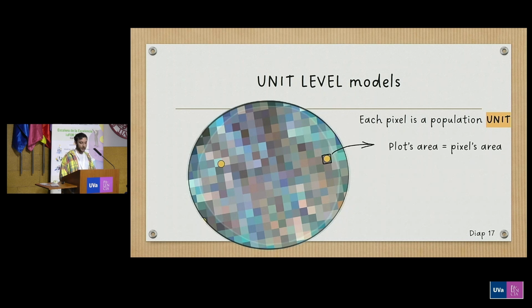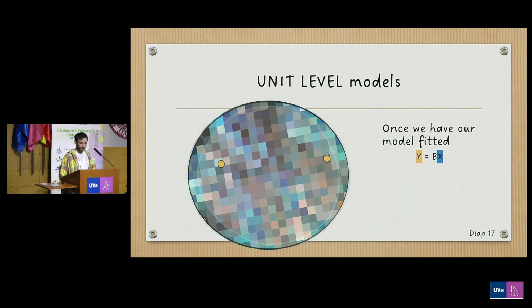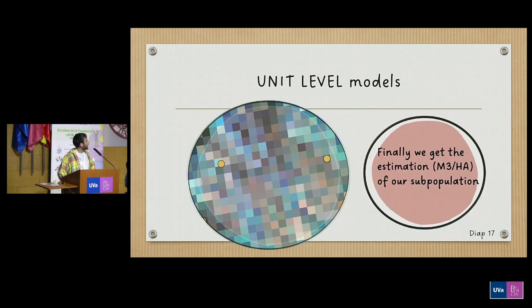It's important the plot's area is equal to the pixel area, and we are going to fit a regression model in which each plot is the dependent variable, and the independent variable is going to be the LiDAR metrics of that same pixel. And once we have our model fit, we are going to predict the values for all the pixels of the subpopulation of the circle. So we are going to get an estimation of the whole subpopulation.